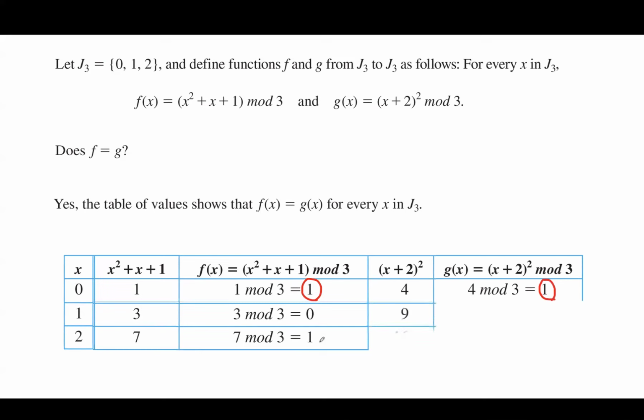If you do the same thing for function g, you're going to get the exact same output values, 0, 0, 1, and 1. So that's why you say that f and g are equal to each other. The output values are the same. The domains are the same. So basically, you have equality between two functions.